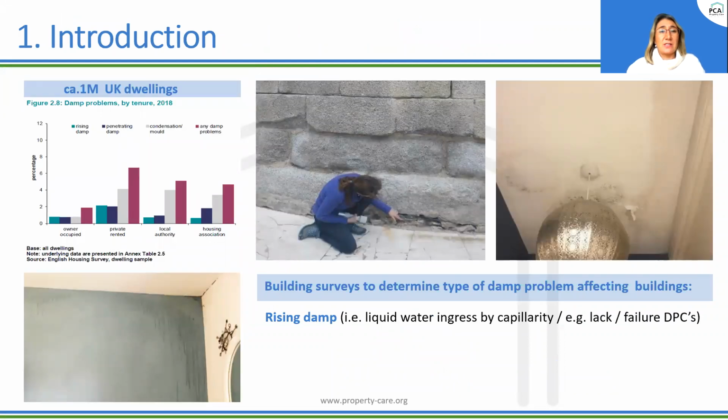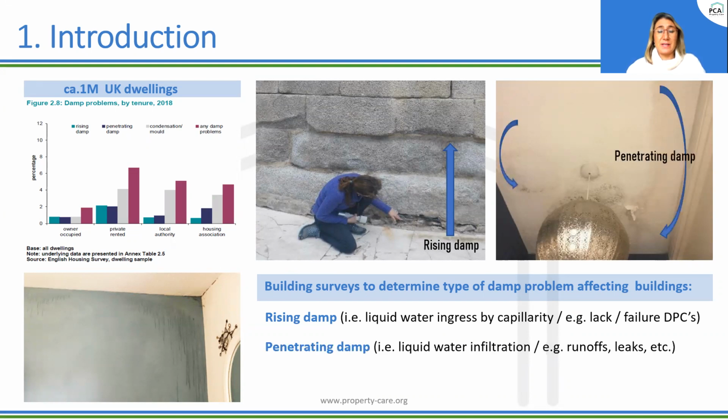So in the UK, there are approximately 1 million homes affected by any kind of damp problems. So building surveys are necessary to determine which type of damp we are dealing with. We can have rising damp, or free liquid water ingress by capillary rise due to the lack or failure of a damp-proof course.